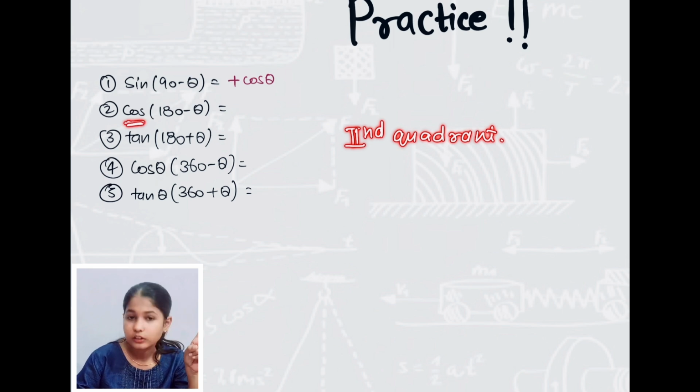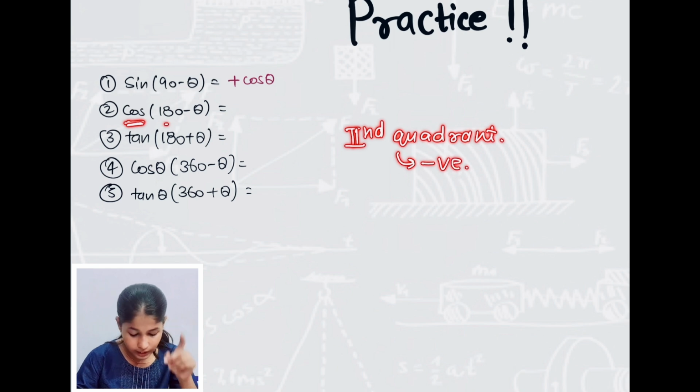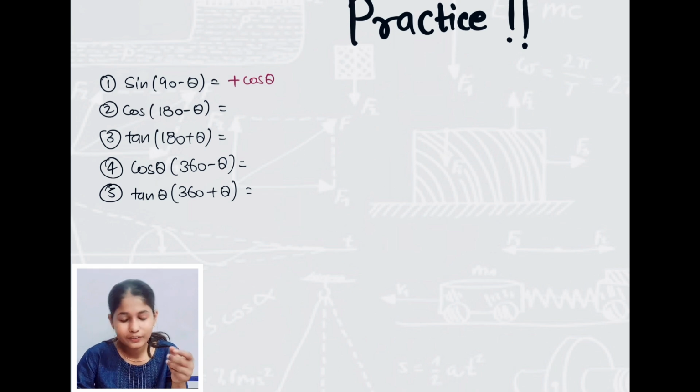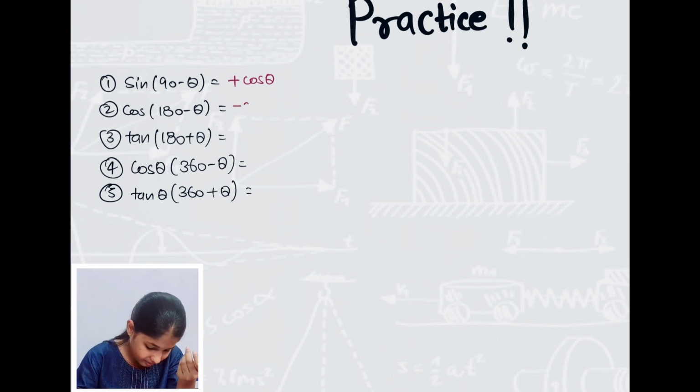But this is cos theta, so it will become negative. And because 180 degrees is given, will there be any changes? No, because in the case of 180 degrees and 360 degrees, no changes will come. So it will remain cos theta. So can I write here minus cos theta? Of course, minus cos theta.